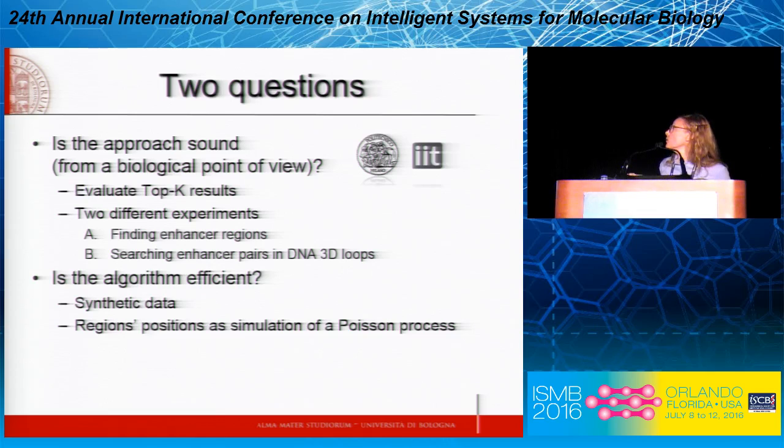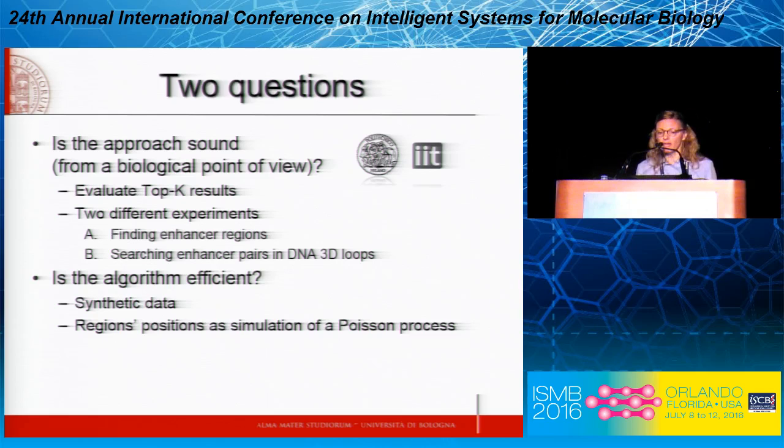And the second question is: is our algorithm efficient? To prove this, we used synthetic data in which we simulated the region distances between consecutive regions in the pattern and in the genomic track following a Poisson distribution.